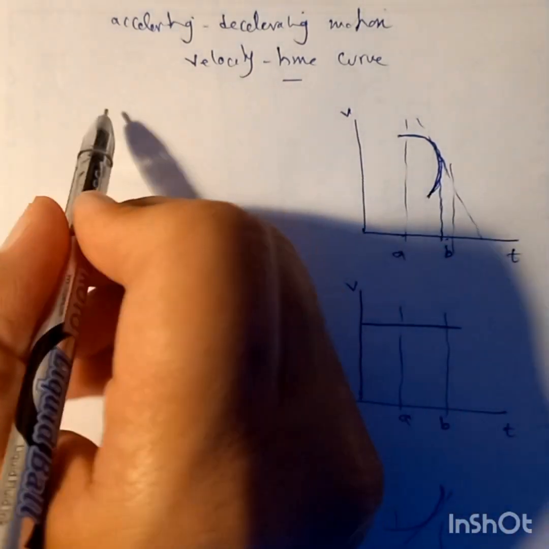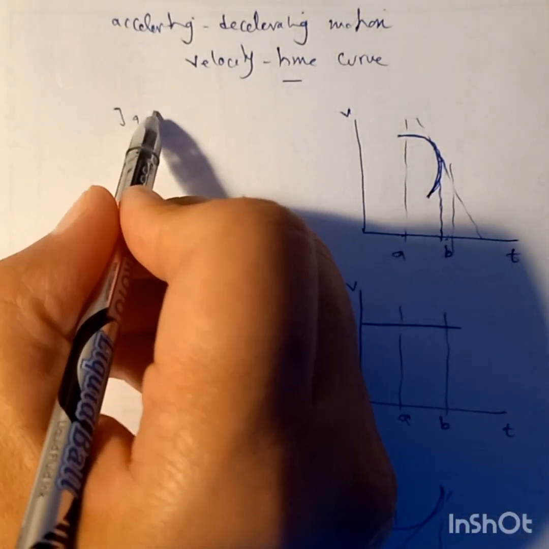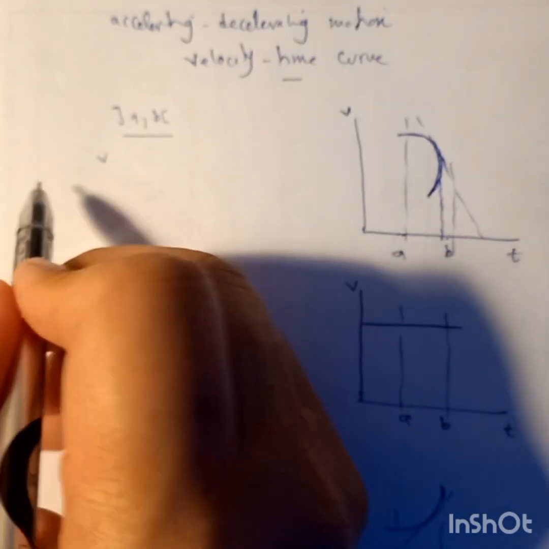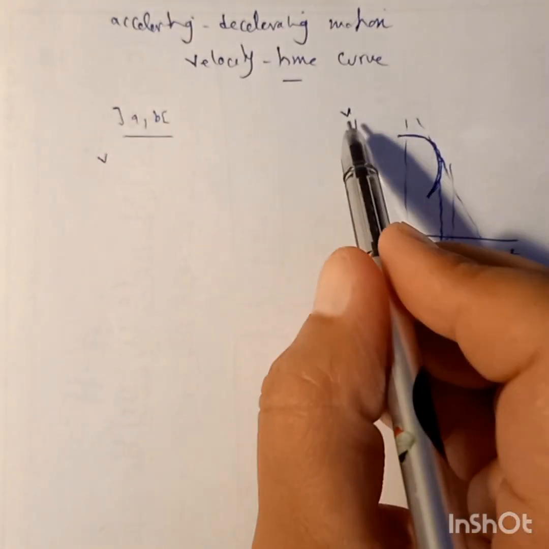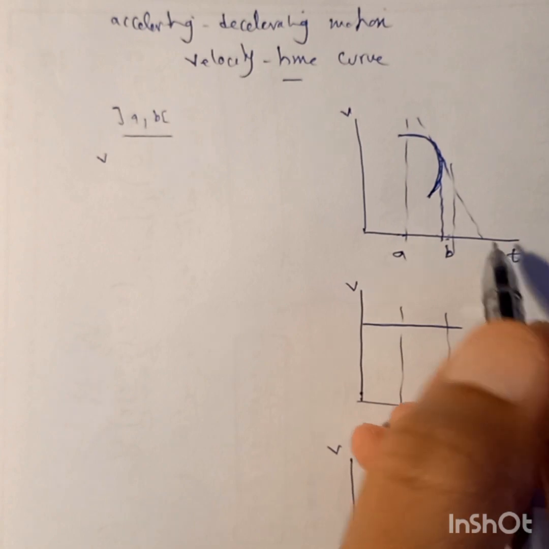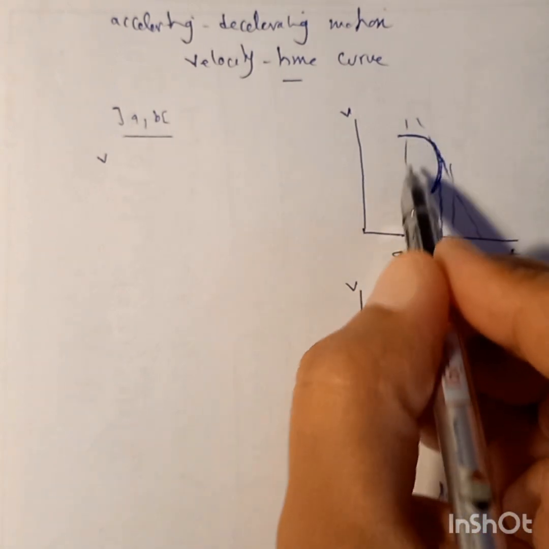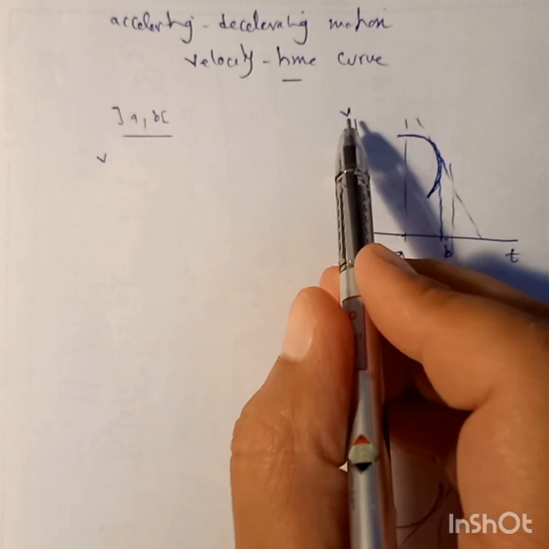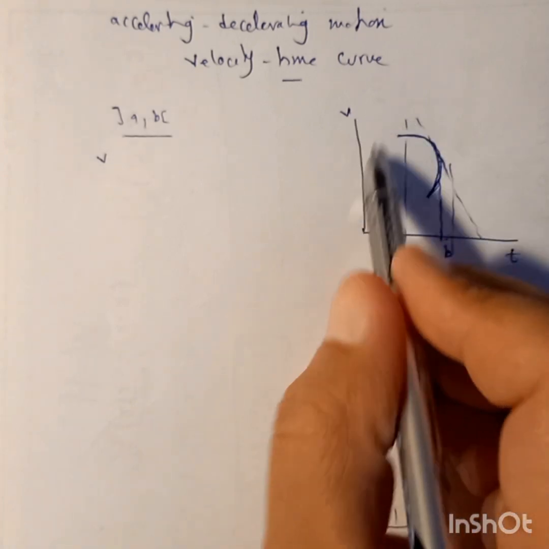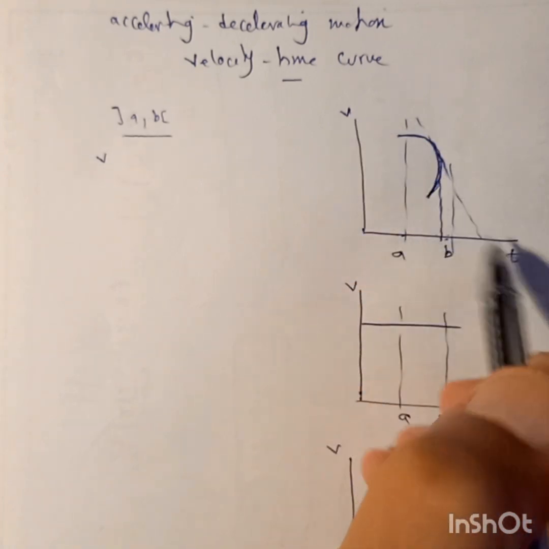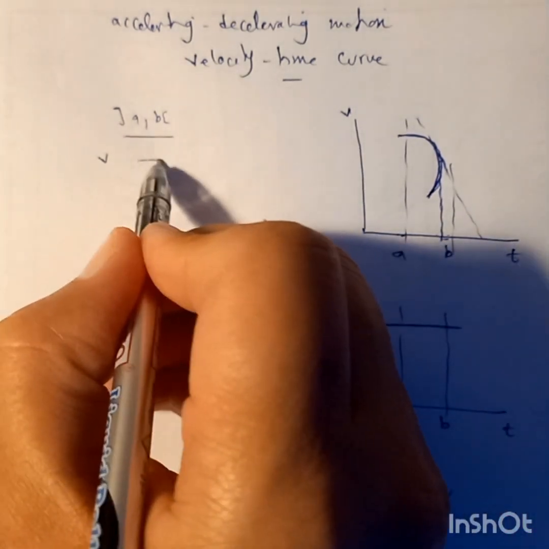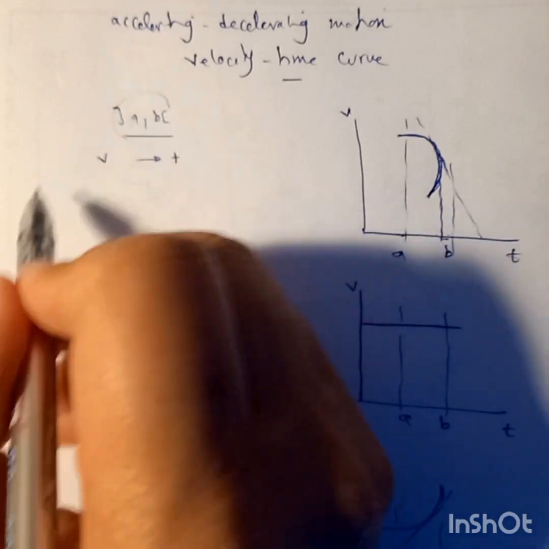As we said before, during time interval a and b, we have to find out the sign of v. As we are dealing with a vt curve, if the curve is above the horizontal axis, then v is positive. Here the curve is above the horizontal axis, x-axis, during the time interval a and b, then v is positive during this time interval, okay.